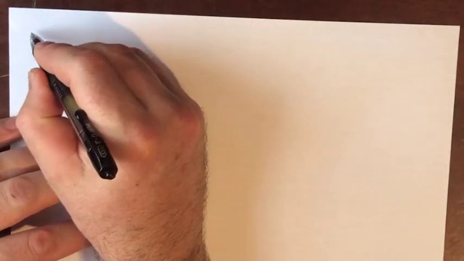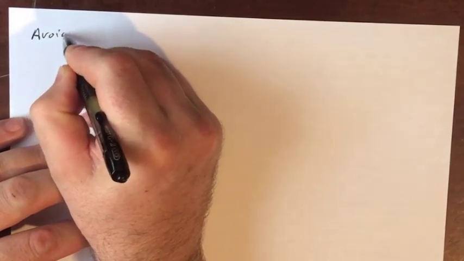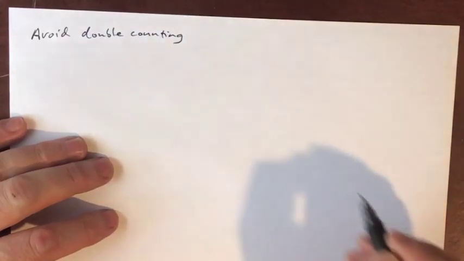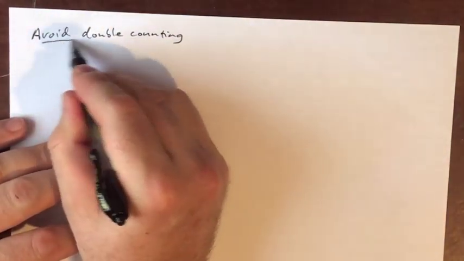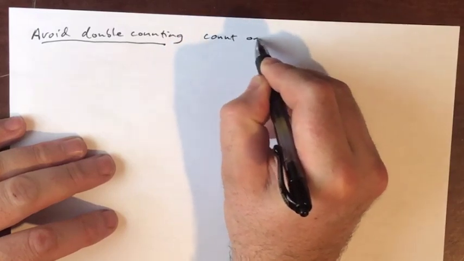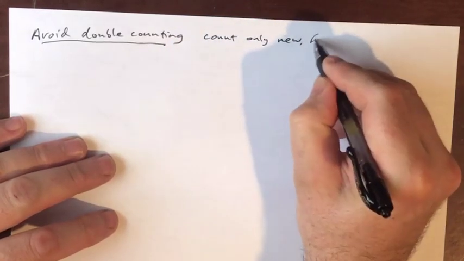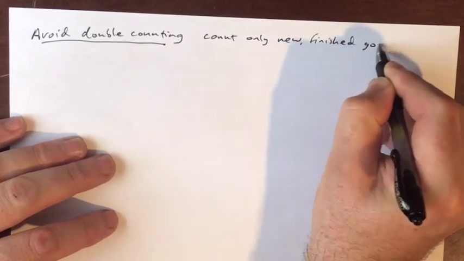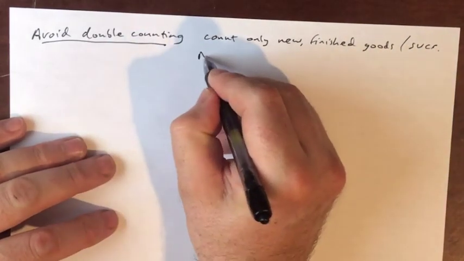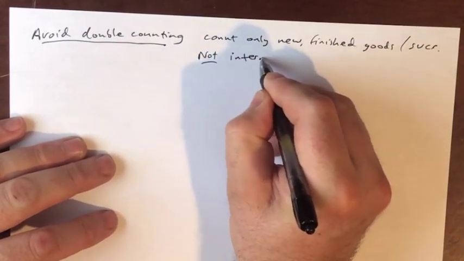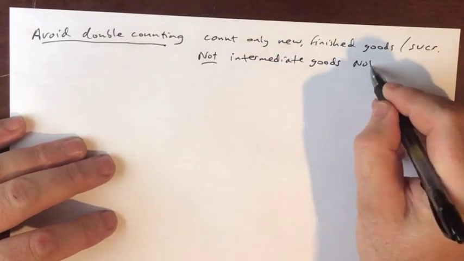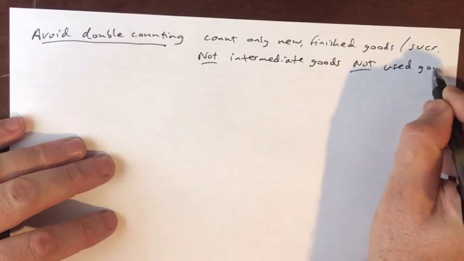Okay, the other important thing to keep in mind is we want to avoid any double counting. So we only want to count new finished goods and services, not intermediate goods, and not used goods.